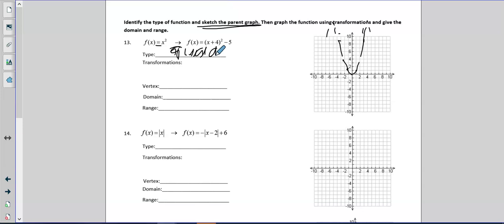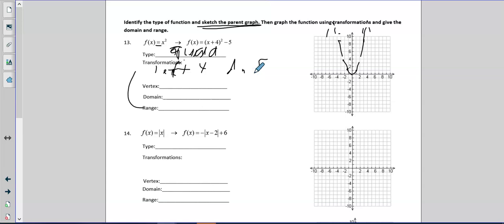All right. Now, again, all this down here is based on the transformed one, not the original. So what's happening? Plus 4 means left 4. And minus 5 means down 5. All right.